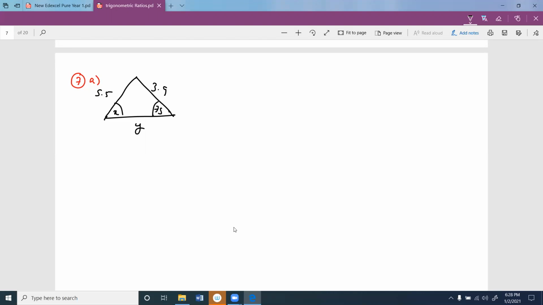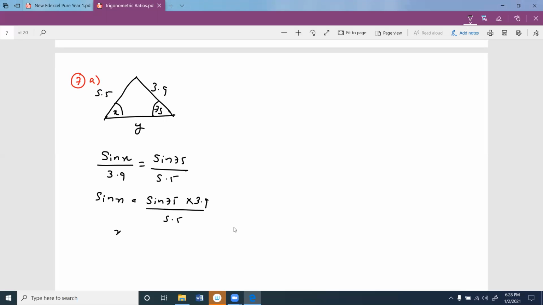So x and y. Usually when they're in alphabetical order, in most situations you find x first. So simply you can apply the sine rule. You can say sine x divided by 3.9 is equal to sine 75 divided by 5.5, because two angles with two sides are known. With that you can say sine x equals sine 75 times 3.9 divided by 5.5.